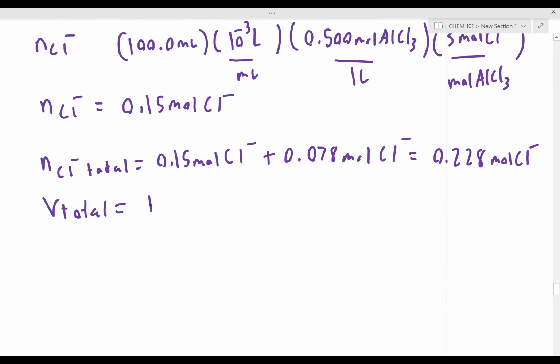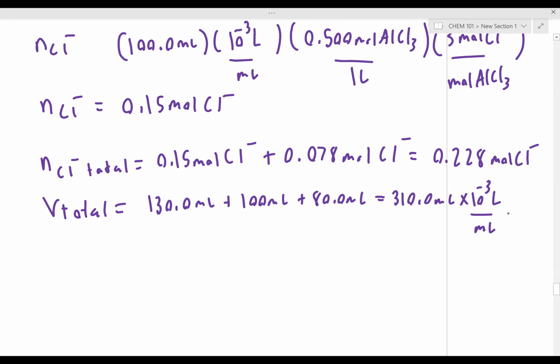So we're just going to add them up. 130.0 milliliters plus 100 milliliters plus 80.0 milliliters gives us 310.0 milliliters, which we're going to convert to liters. They're 10 to the negative third liter per mL, and that gives us a total volume of 0.310 liters.